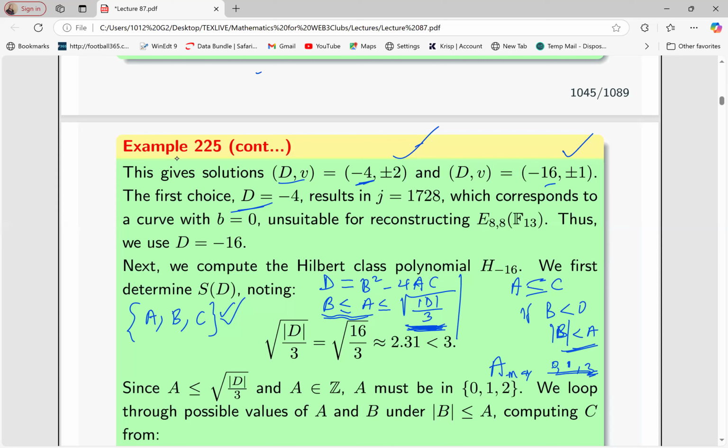Now, after finding A, it will then find B. And B is supposed to lie between negative A and A. So after looping through all the values meant for A, we'll again loop through all the values to find out which one is B. From negative A to positive A, it's supposed to determine B, and to determine that, it's supposed to use this equation.